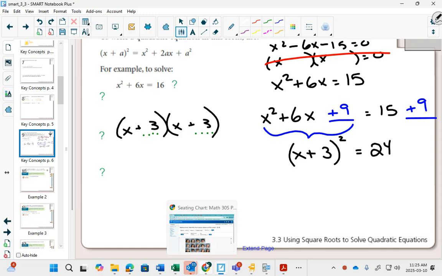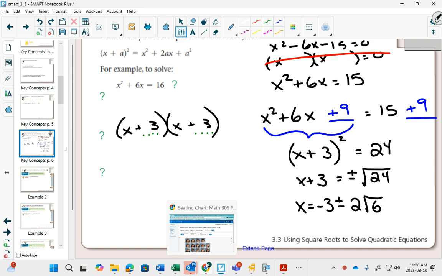We have a single square, so I can get rid of that by square rooting both sides. And now I can get x by itself by subtracting 3 on both sides.